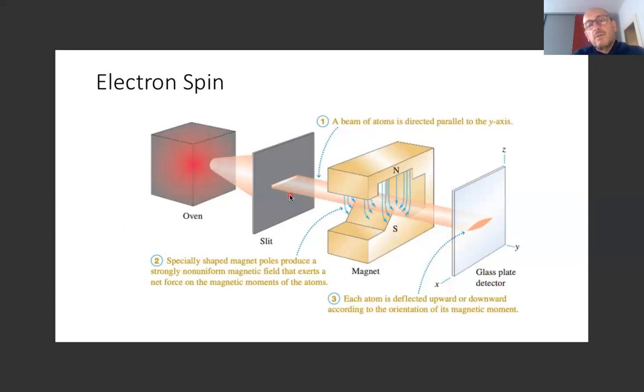And they didn't see this, but they saw that there was a split in 2 levels of this beam of atoms that came out of here.